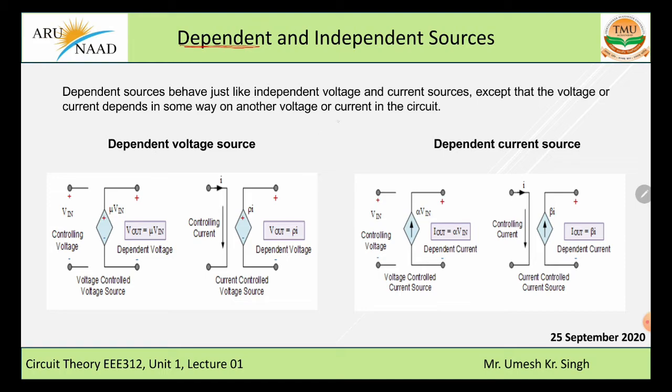One point should be noted here: when you get a representation like a diamond box, then it is sure that this source is a dependent source, and this source can be voltage or current. I have already told you that if you get plus minus, then this is voltage, and if you get an arrow direction, then this is current.